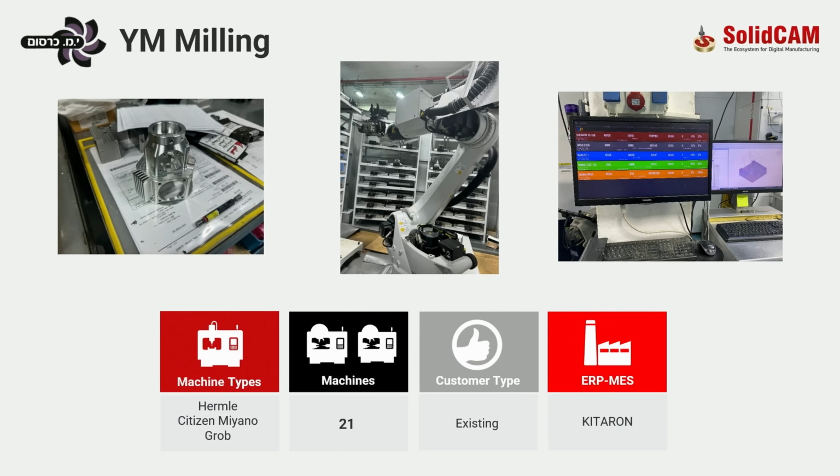Okay, two interesting success stories from our operation in Israel. First customer is YM Milling. YM Milling is a veteran customer in Israel, worked with SolidCAM for more than 2 decades.